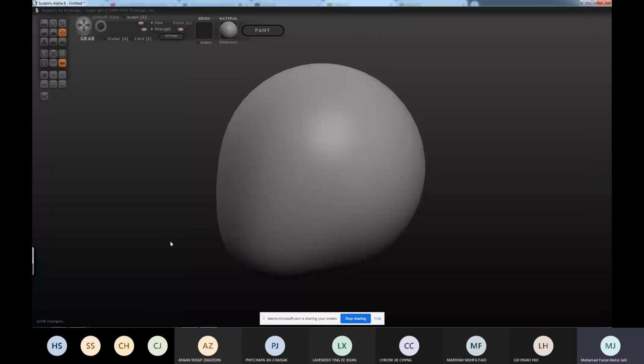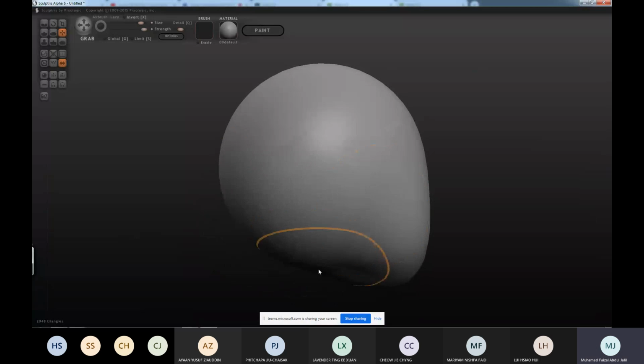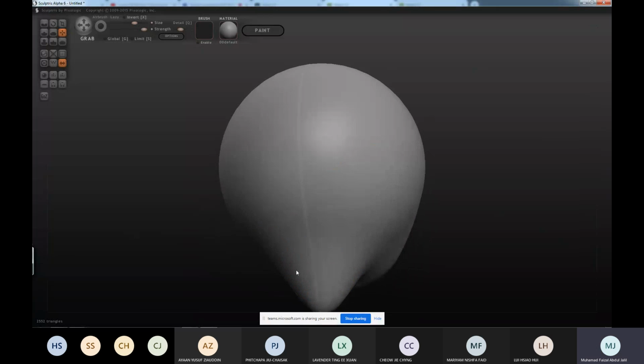What I can say from here: if I don't want to spend too much time working with the faces first, what I can do is use the grab tools again.